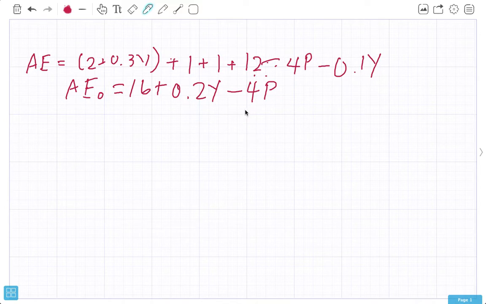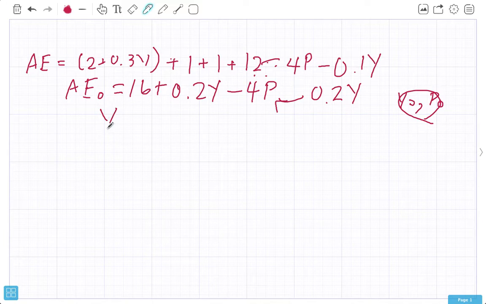Now, to solve for y0 and p0, you just substitute p by plugging in your AS, which was 0.2y for p. So that you do to find y0 and p0. But then in order to find your aggregate demand curve, you'd have to solve this equation by setting y equals AE.